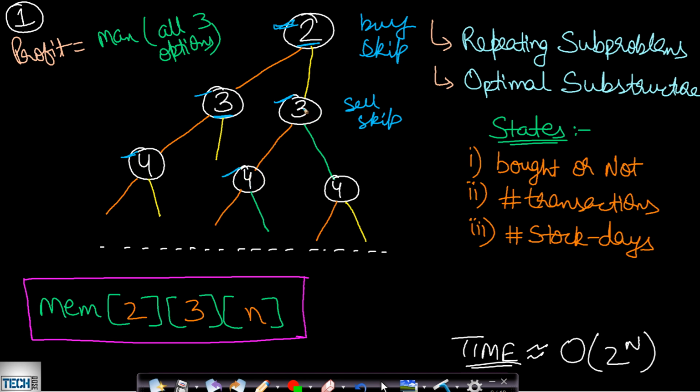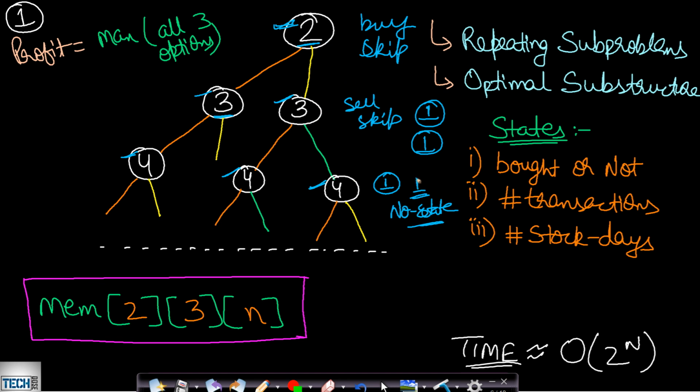Otherwise, if we are selling on this day, then we will be making a profit of 1 and we will be completing 1 transaction, and then we will reach this 4, and here we would have made 1 transaction in total. Our profit will also be equal to 1, which is 3 minus 2. And then here we will be in the no state. No state means we are having no stocks in hand. So you can see that this will be a very big tree diagram.